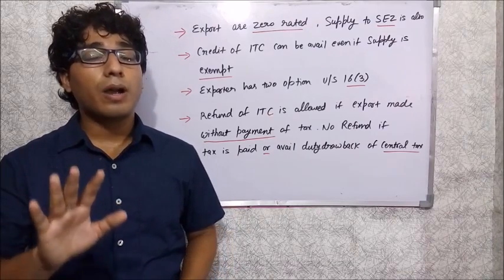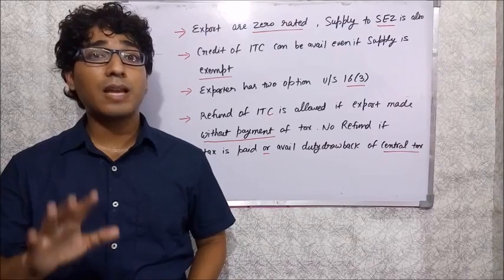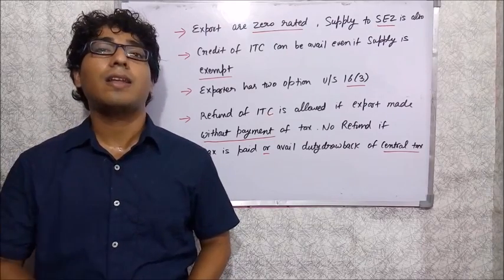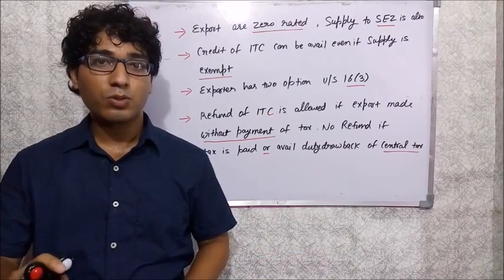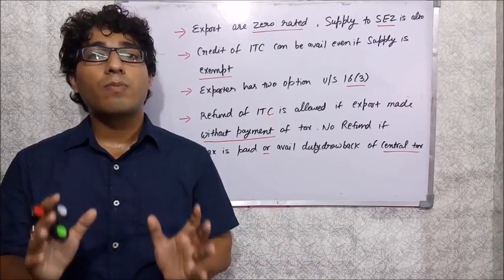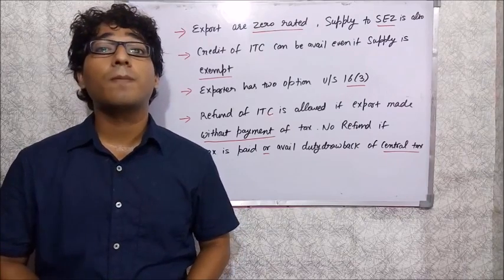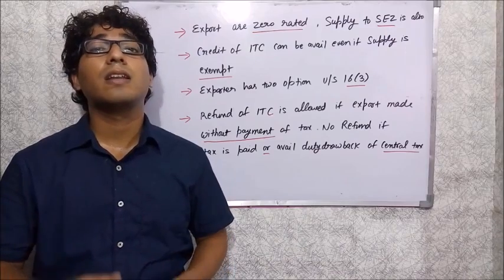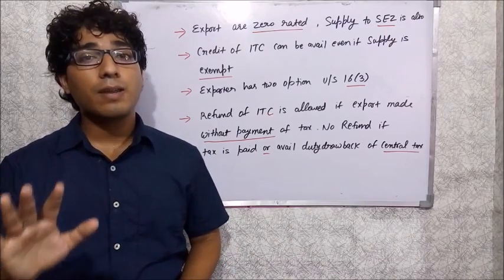You can take the input tax credit of all the items, but subject to Section 17 subsection 5 of the CGST Act, which restricts taking the input tax credit on certain items. So you have to check Section 17 subsection 5 before taking the input tax credit, because it lists certain inputs on which you cannot take the input tax credit.